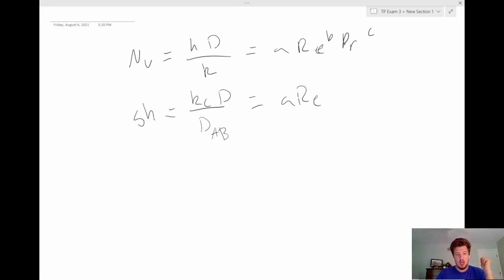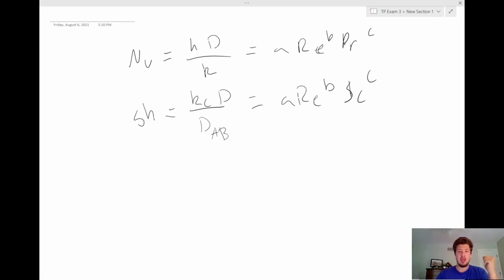And the Sherwood number is multiplied by the Schmidt number. Now, what happens is that the coefficients are actually identical. And then we have the Nusselt number, and you have the Prandtl number, and if we raise that to some power C, like I said before, and then to determine these coefficients, we need some experimental data.